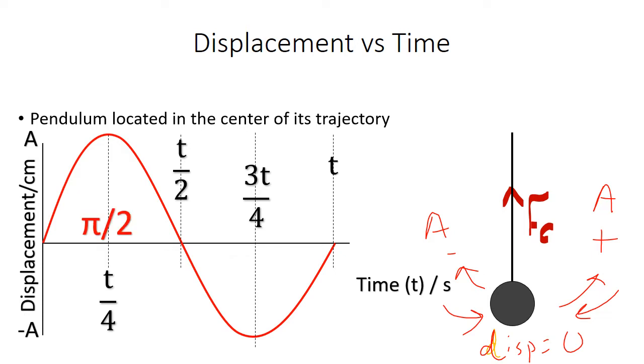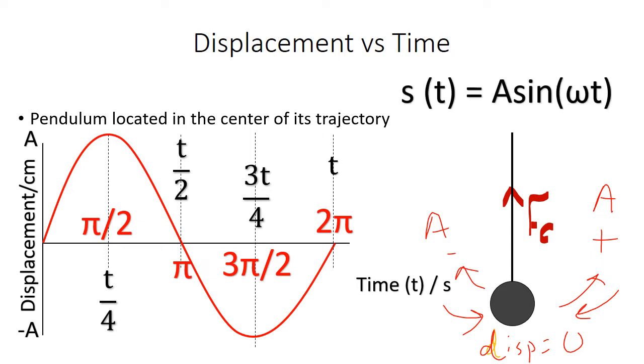If I want to denote the radians or the angles through which this occurs, at T/4 that's pi/2 radians. At T/2 it's pi radians. At 3T/4 that's 3 pi/2 radians, and one cycle is a full 2 pi radians.